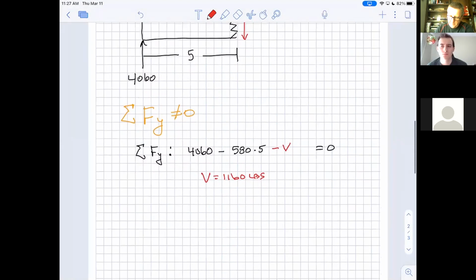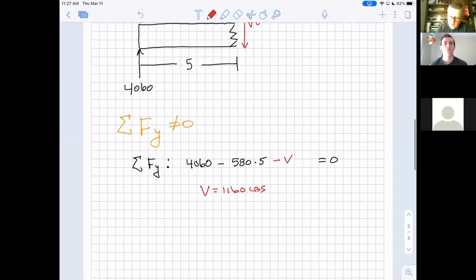Let's go figure this out. So what if it wasn't 5? What if it was at x equals 4, let's say? No, you said more. Let's go x equals 6. So this was at x equals 5. Let's go x equals 6 feet.